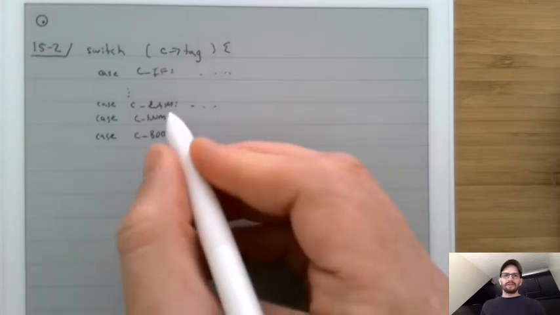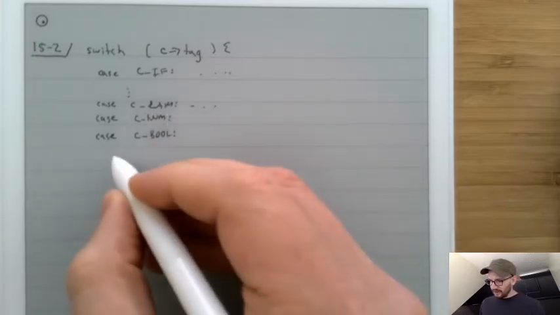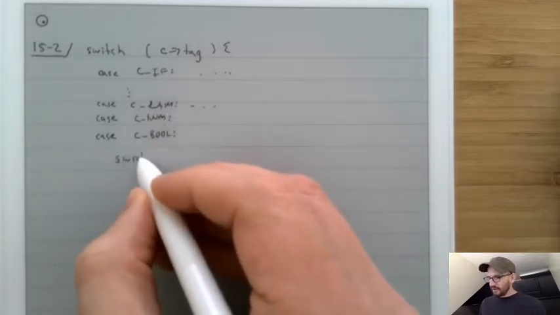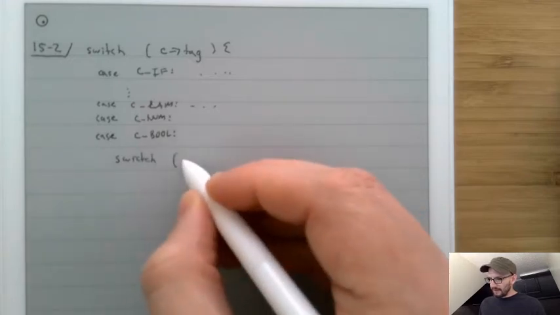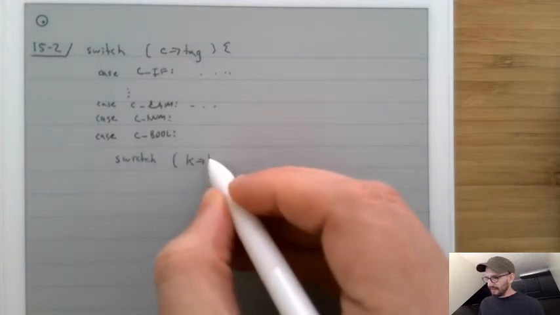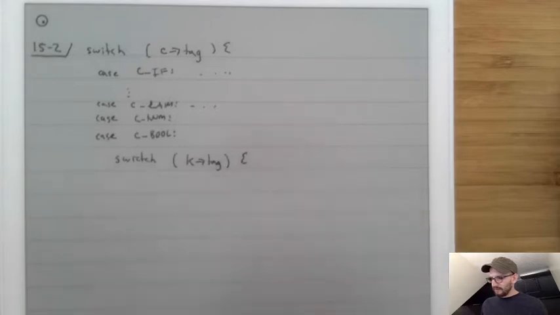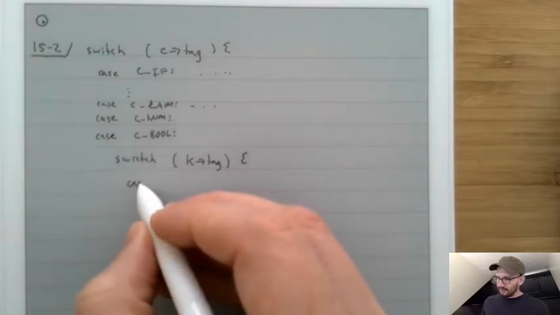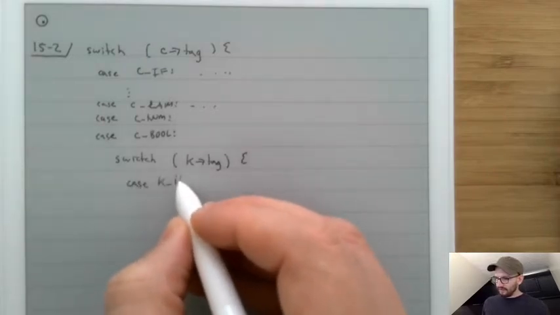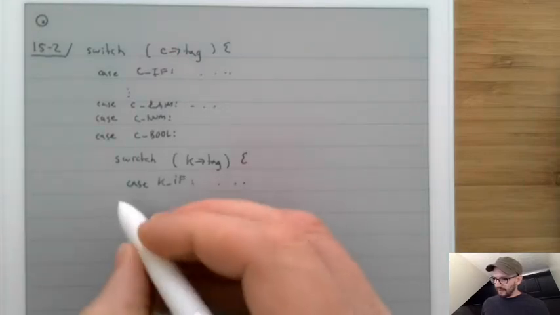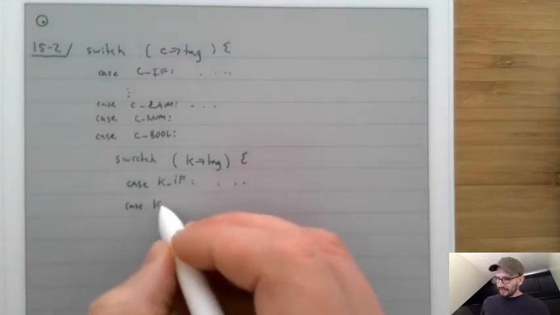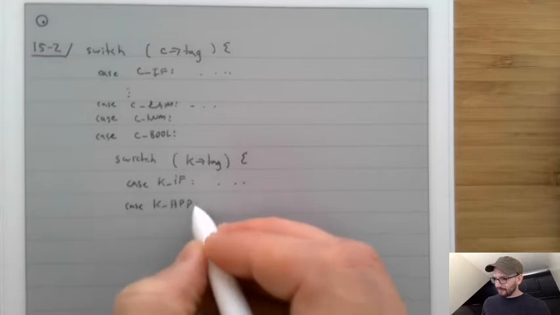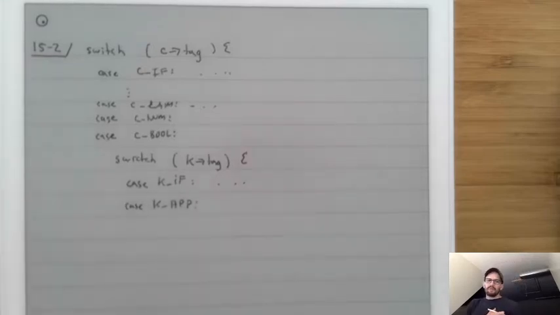Because whenever there's a value, what you'd want to do is switch on the K component's tag, and then you might have a case for if it was an if, and you're going to have a case for when it's an app. Now, once you know it's an app, you want to figure out whether there's more to evaluate.